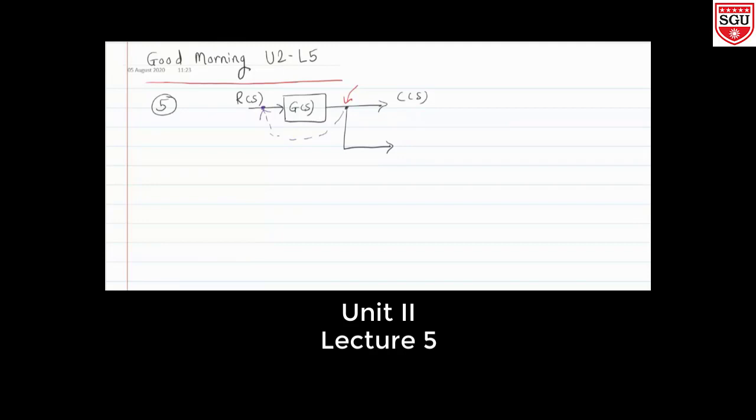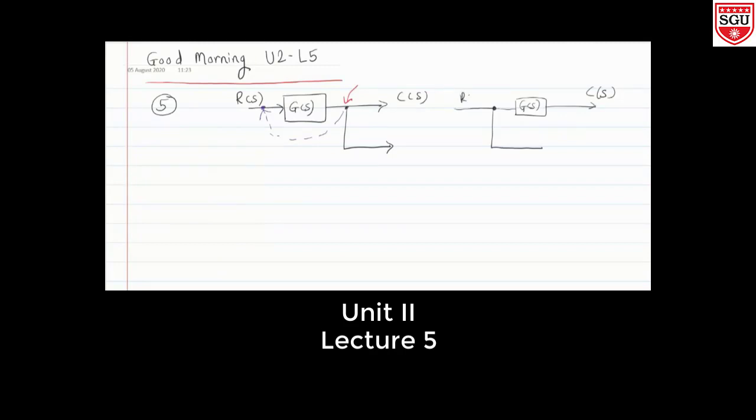So what was the result? I am asking, if I want the takeoff point here, if G of S is here and C of S is here, like this, then what is the change you should observe?